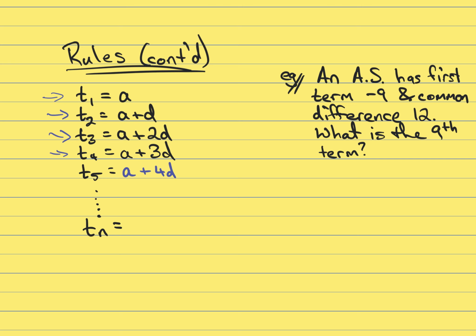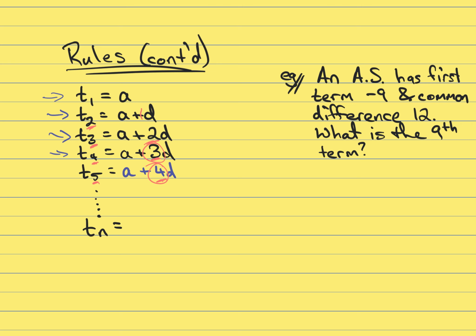Now, you might be able to notice that the numbers here are increasing by 1. So are the numbers in front of the D. But they're always sort of lagging by 1. So term 5 is A plus (5 minus 1)D. Term 4 is A plus (4 minus 1)D. It's always the number of the term you're looking for, minus 1, multiplied by the common difference.